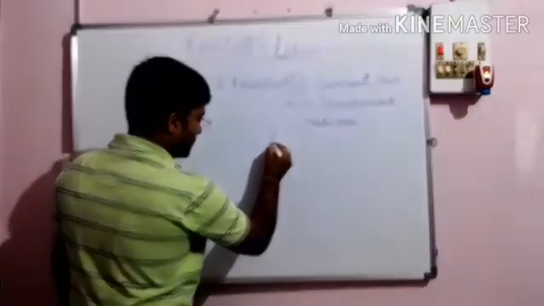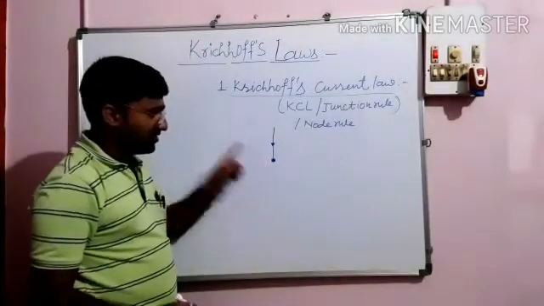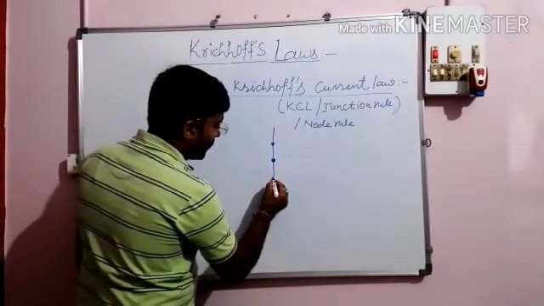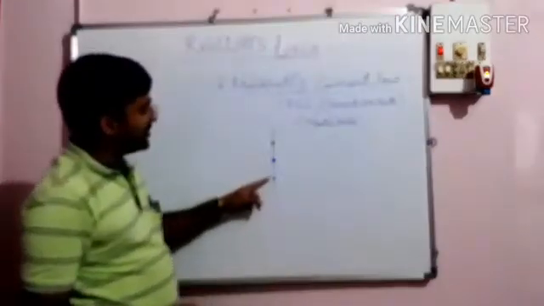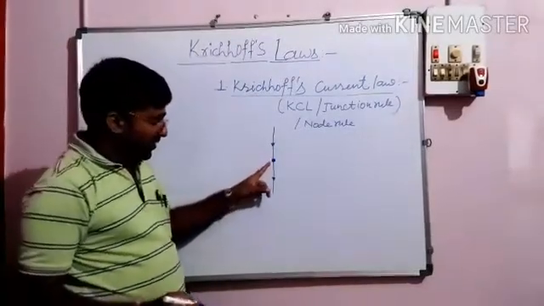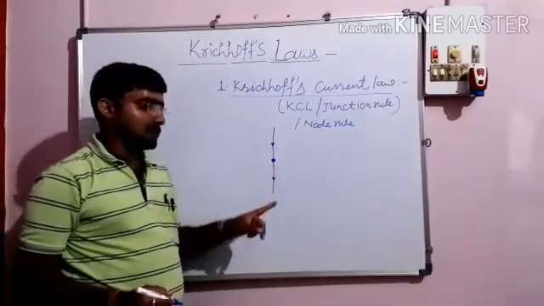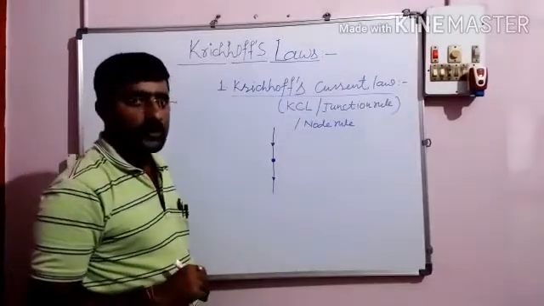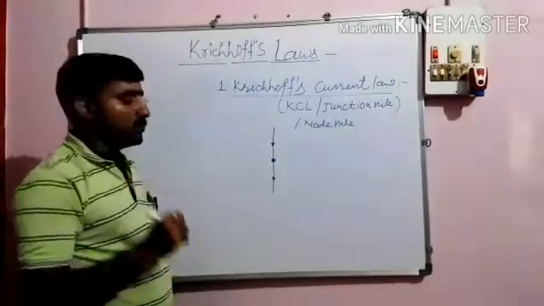Incoming current means the current coming towards the junction, and the current going outward from the junction is known as outgoing current. The sum of incoming currents and outgoing currents is equal to zero. That is, incoming current is equal to outgoing current.